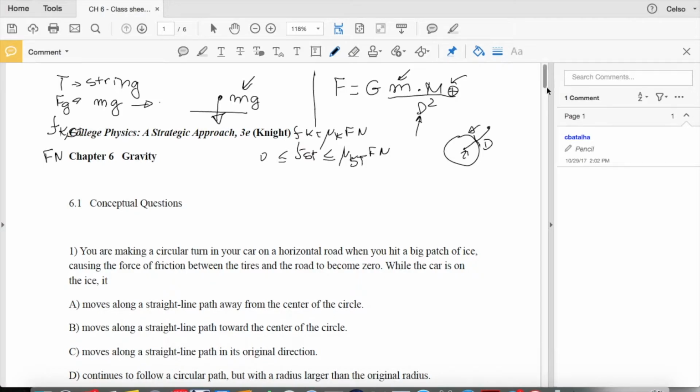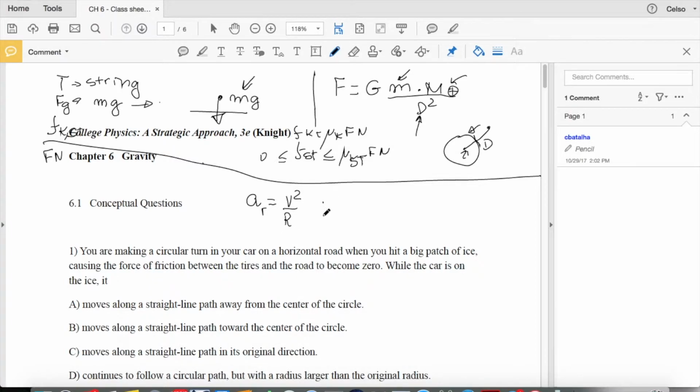Now this chapter 6 also deals with rotation, and as I stressed in the last lecture, if there is rotation, there is something called centripetal acceleration. It is also called radial acceleration. It is always pointed towards the center of the rotation curve or the rotational path, and that has an expression: the speed squared divided by the radius of this path.